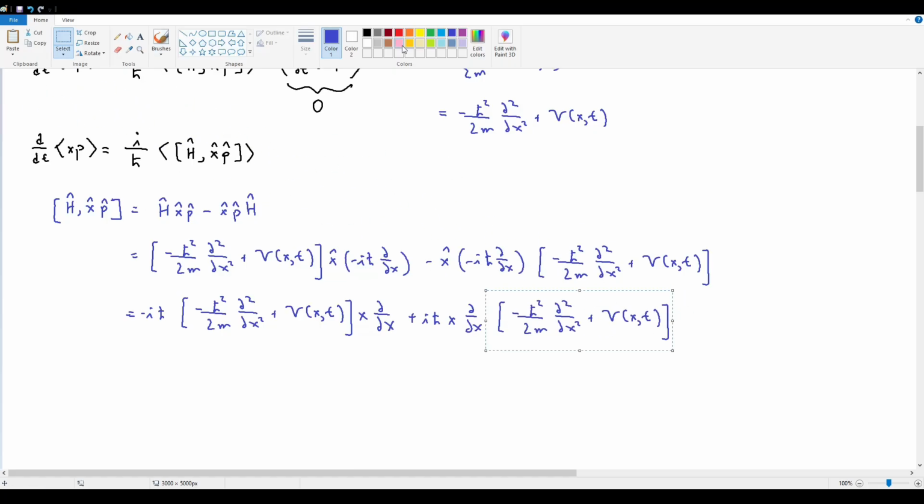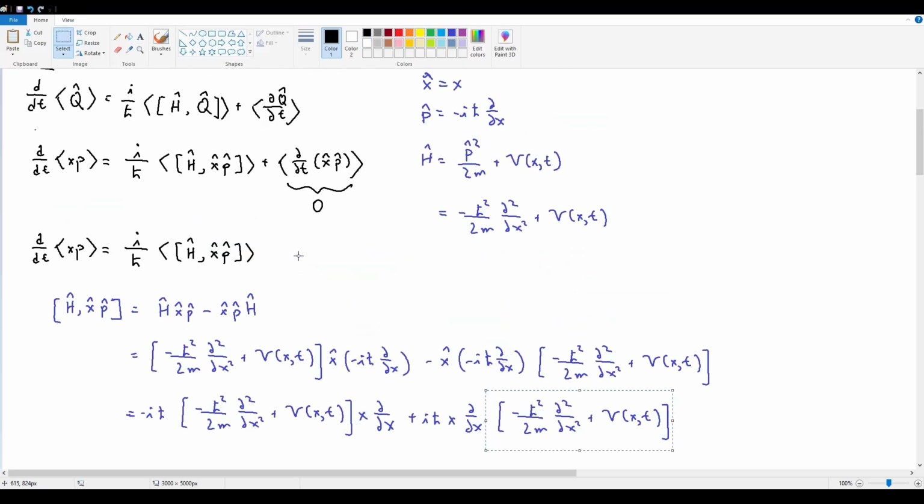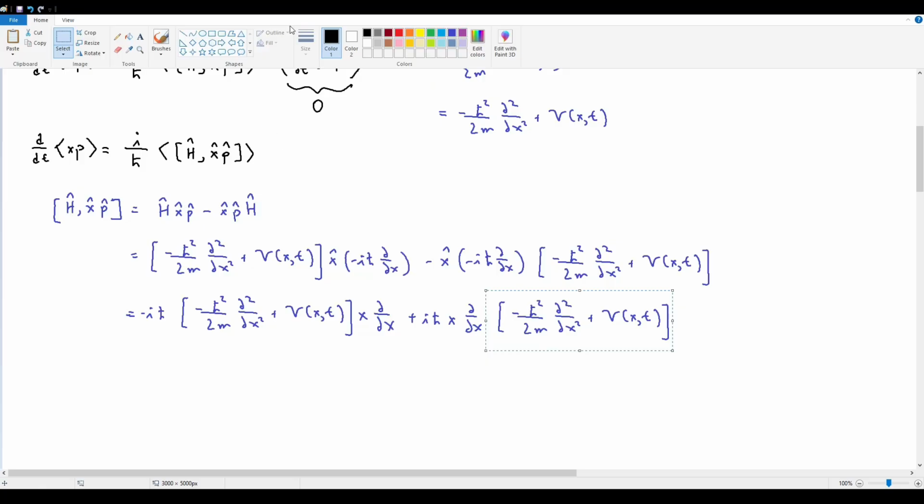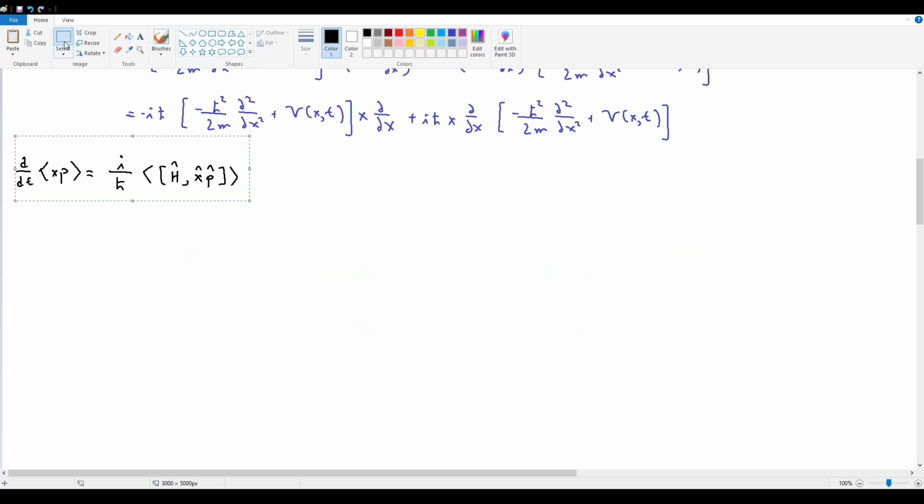Okay, now, in order to actually calculate a commutator, we're going to have to apply it onto a function, right? So if we write out this entire thing, the expectation value can now be expanded out to be an integral from negative infinity to infinity of psi star, and then this whole thing, but acting on psi, right?